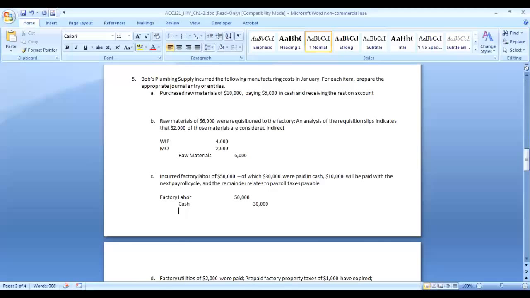That's wages payable, or some variation of that is fine. Wages payable 10. And what do we do with those payroll taxes? It's payroll taxes payable. Yeah, we haven't paid them yet, so we'll stick that in another payable.